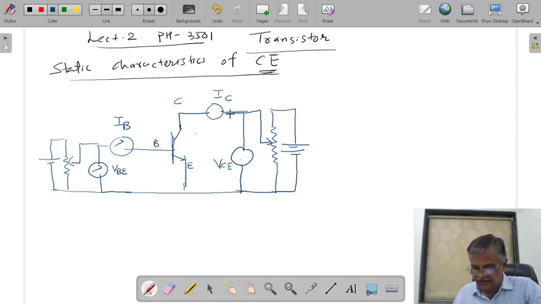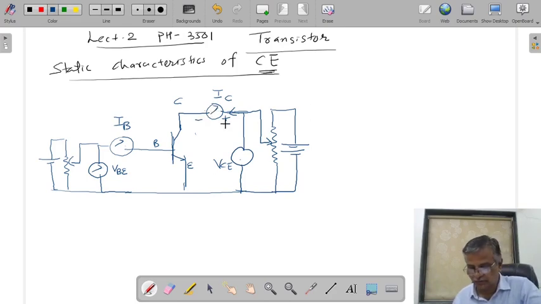Look here, in the last lecture I discussed that when the emitter current is coming out, the remaining two currents will flow inside. So this current I will show like this. If the current flows like this, then this is a plus sign, this is a minus sign.